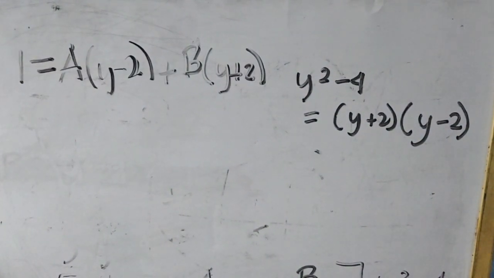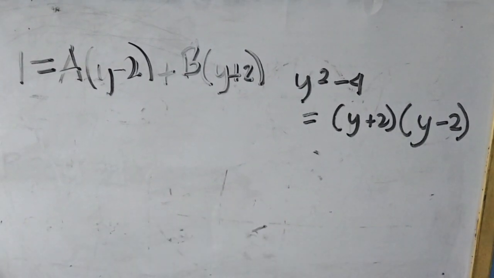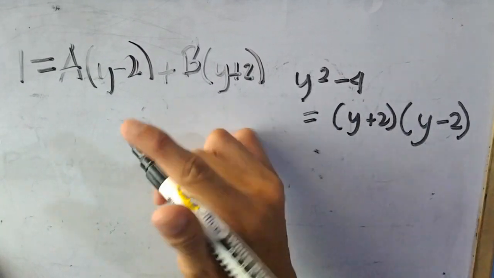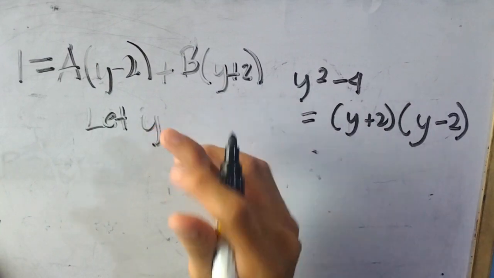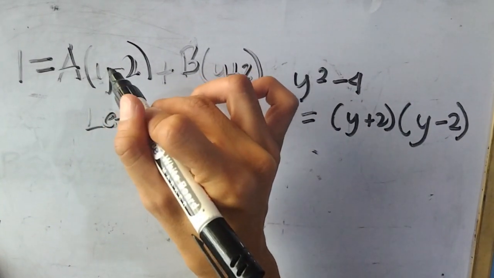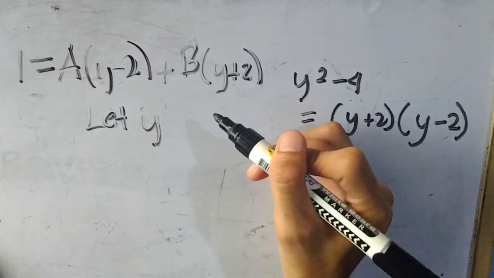So now we can find the values of a and b. In order to find the values of a and b, we let y be a certain value so that a or b will become 0.